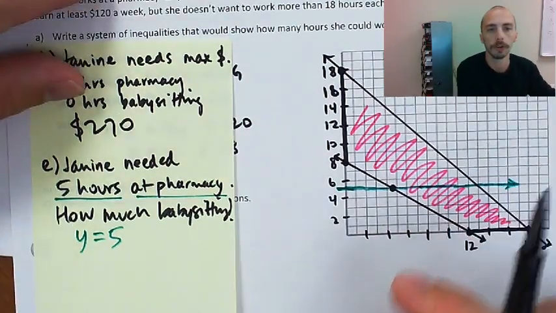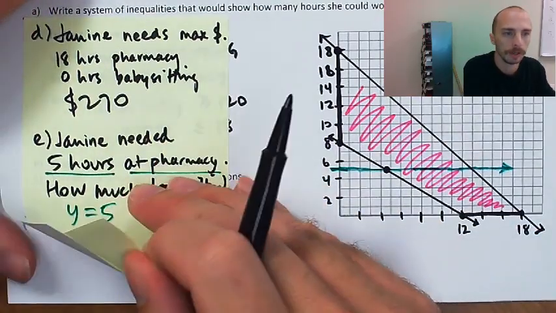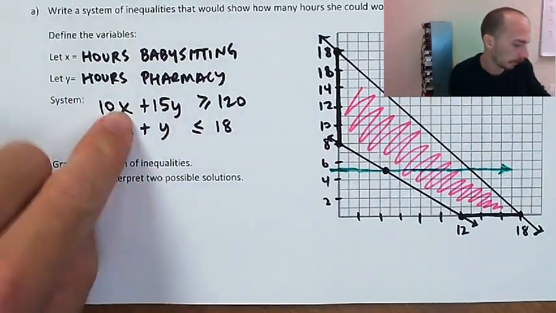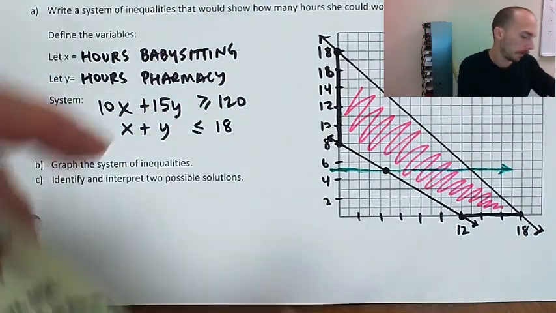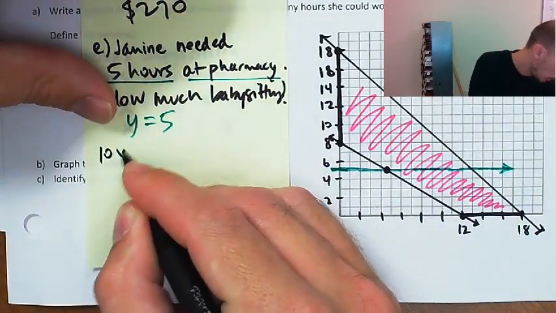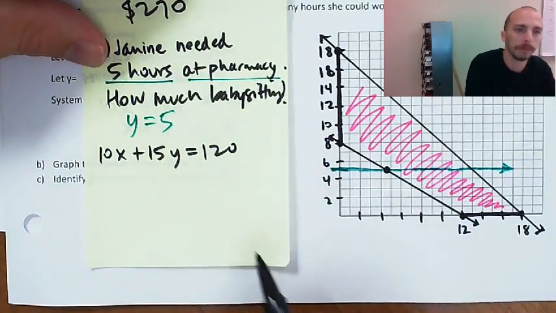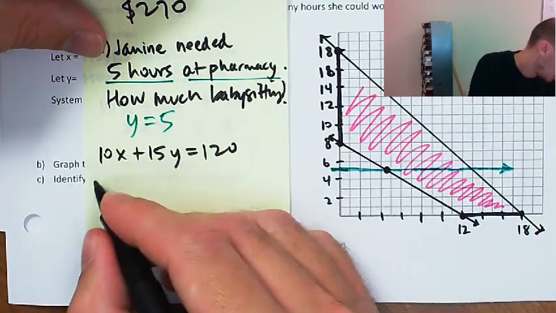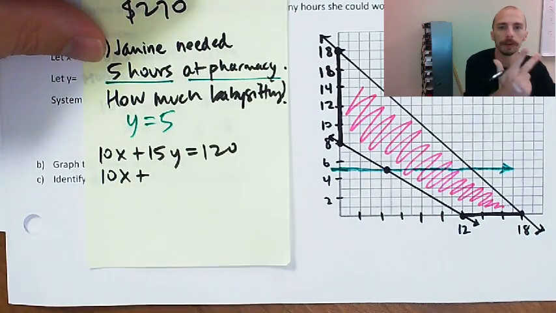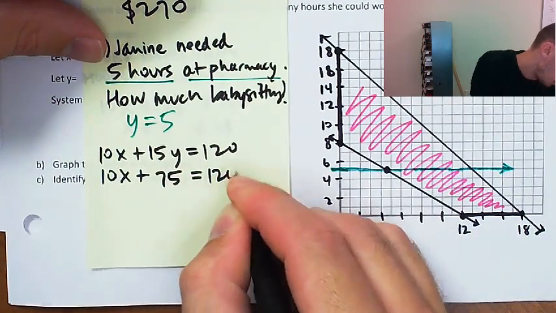But I want to be certain, so I'm going to plug y equals 5 into this equation. This line was 10x plus 15y equals 120. That's what I'm trying to solve with y equals 5. So 10x plus 15, 30, 45, 60, 75 is equal to 120.